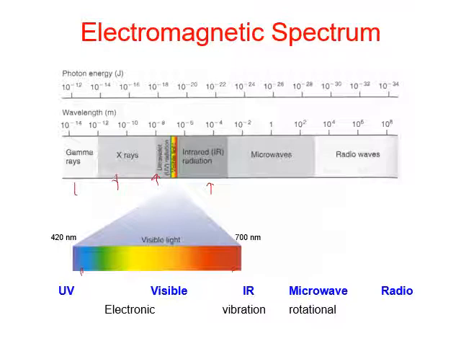And then microwave, and the lowest energy is radio wave. We just showed that when molecules vibrate, the energy is quantized, and that energy falls in the infrared range. So if you shine light, the molecules vibrate and absorb light in the infrared range.